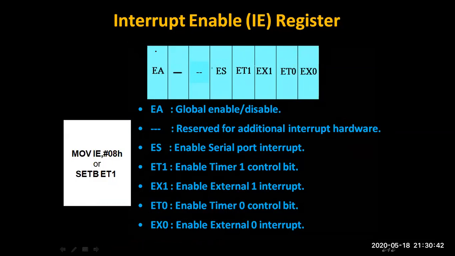In hexadecimal, what is the value? This bit you have to make 1. This is the global enable or disable. So in order to enable any of the interrupts, you have to make this bit 1, and the remaining 80 means 1; 8 means what? 1 0 0 0. 2 means 0 0 1 0.